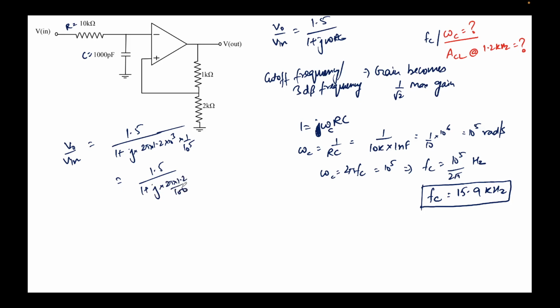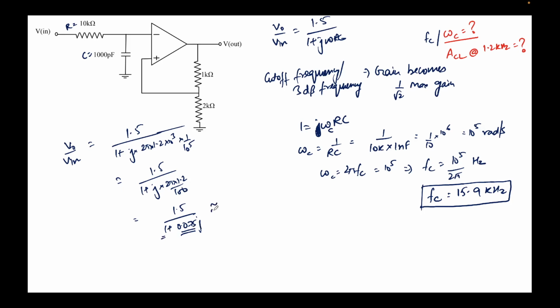I'll calculate this value using my calculator. This comes out to be around 7.5. So I can write 1.5 divided by (1 plus j 7.5 divided by 100), that's 0.075 j. Now if we look at this, the imaginary term is less than one-tenth of the real term, so we can neglect the imaginary term.